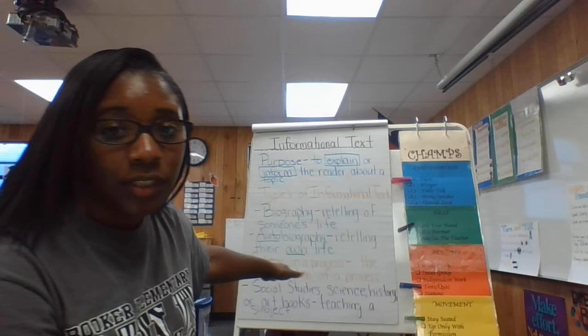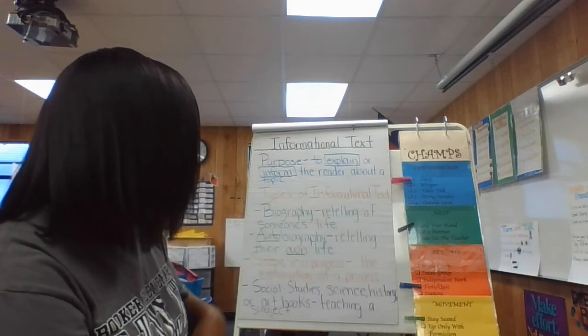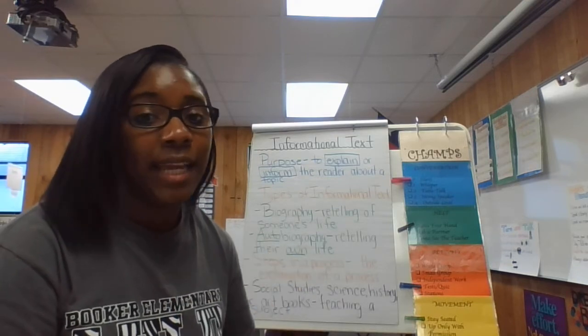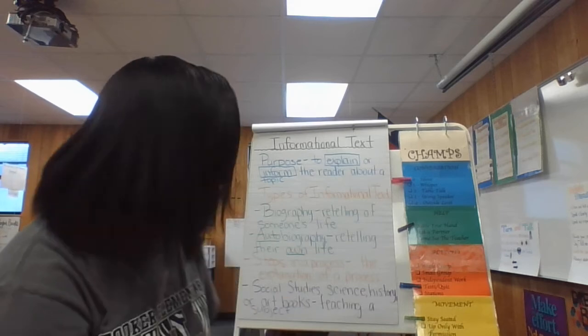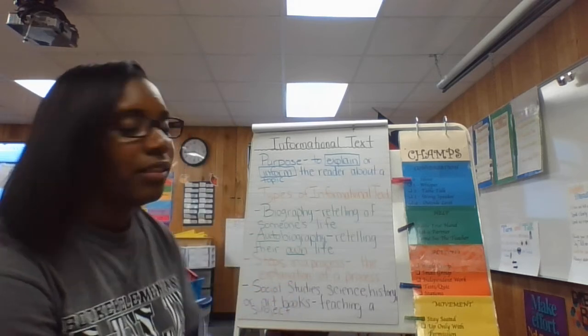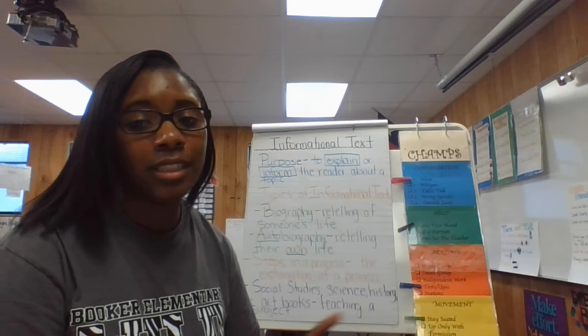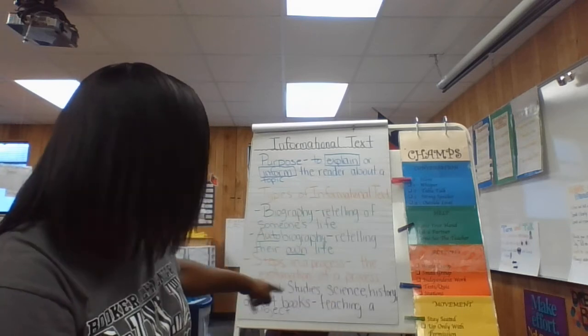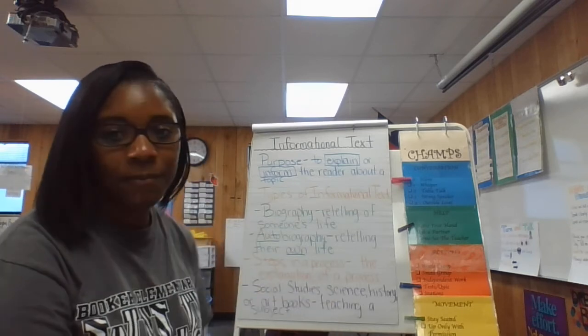You also have the steps in the process, when the author is explaining how to do something or how to make something. And then you have a textbook, social studies books, science books, art books, when it's teaching a subject.